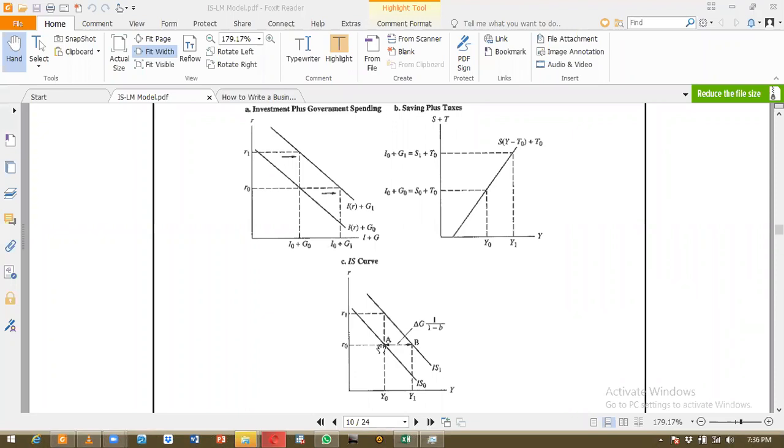So whenever there's an increase in government spending, the IS curve will shift to the right. If there's a fall in government spending, the IS curve will shift to the left, which will cause a fall in income even at the same level of interest rate. Is that okay? Yes.